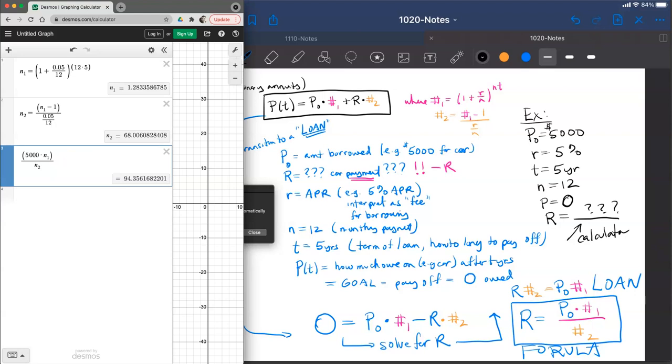And this tells me that the amount that I'm going to have to pay each month to pay off this loan is $94.36, and this is a monthly payment. So ends this video.